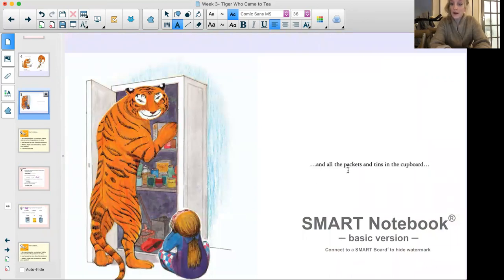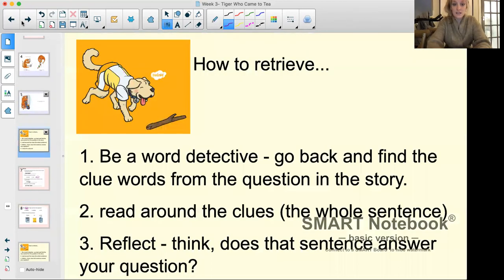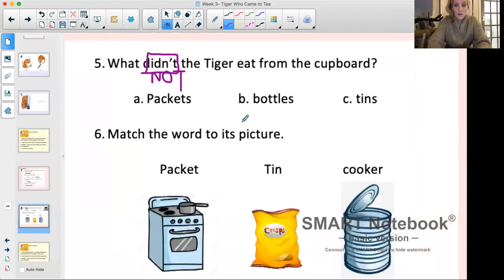And all the packets, so we do have packets, he ate the packets, and tins, and he ate the tins in the cupboard. So the word we do not see is bottles. We saw packets, he ate the packets, he ate the tins, he did not eat any bottles. So give yourself a tick if you got bottles. Remember, if you make a mistake, it's not a problem. We just need to make sure that we're correcting our work.